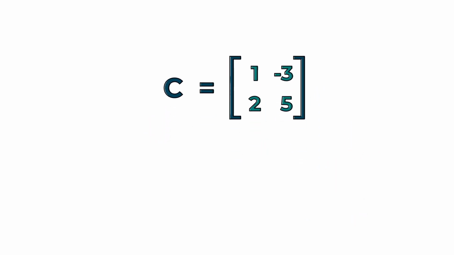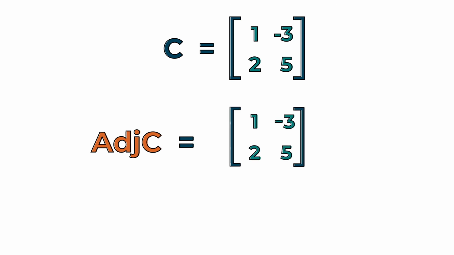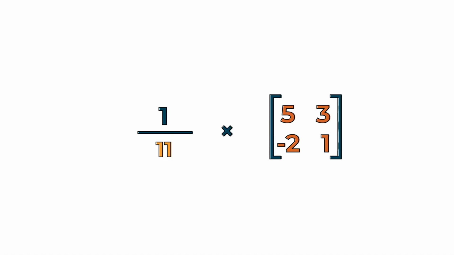Now recall how to find the adjoint. 1 and 5 switch places, and the signs of negative 3 and 2 are changed to their opposite signs. That leaves us with 1 over 11 multiplied by the adjoint of C, which is the array of numbers. This can be simplified further.